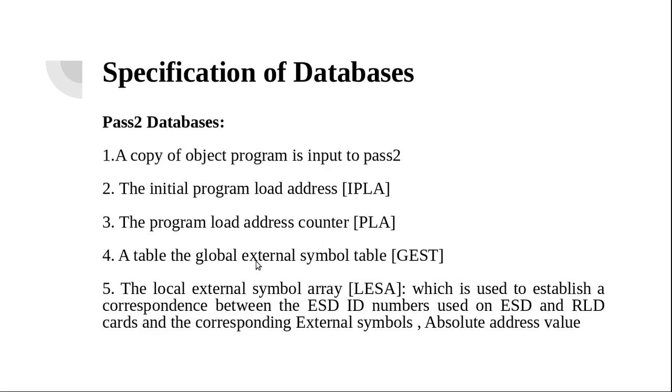Then the same external symbol table we used in pass 1, that is the global external symbol table, which contains all the external symbols and their corresponding absolute address values, that is, the real core or memory address values. Apart from that, we will be using a local external symbol array, that is LESA, in pass 2.